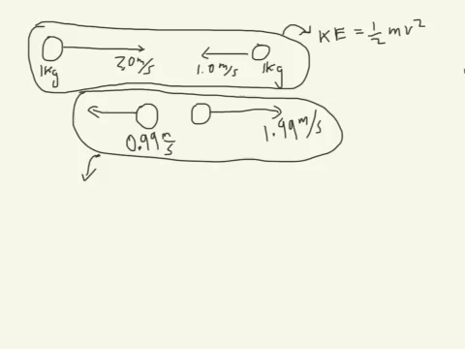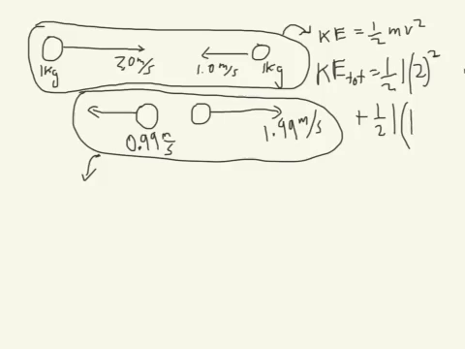So for the whole system, we get the kinetic energy of the first ball. Its mass is 1, its velocity is 2. We'd square that velocity. And the second ball, its half mv squared ends up being half 1 times 1 squared.